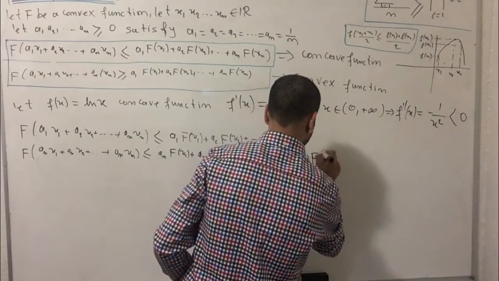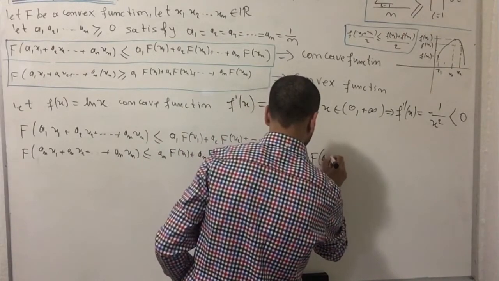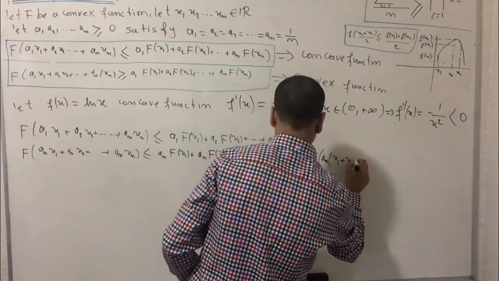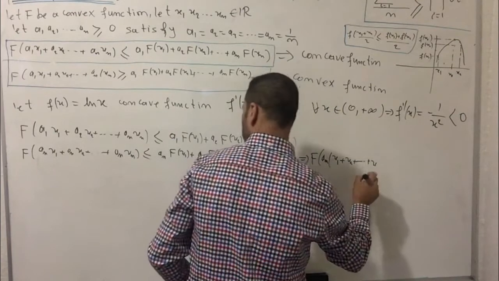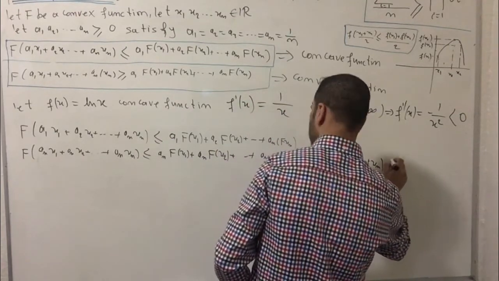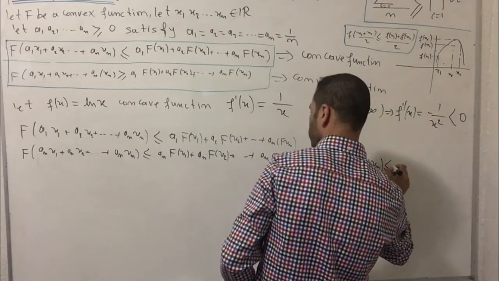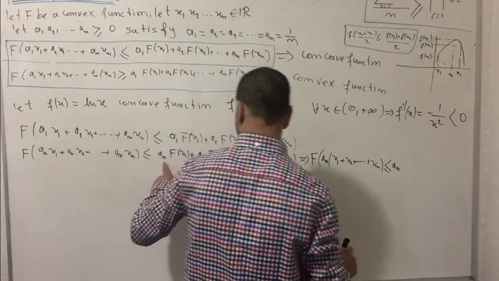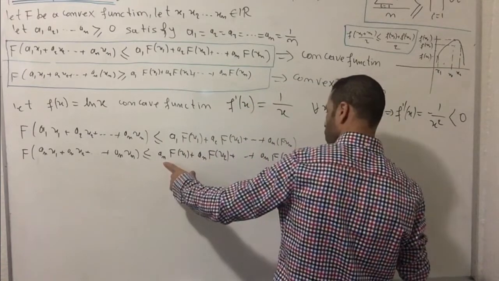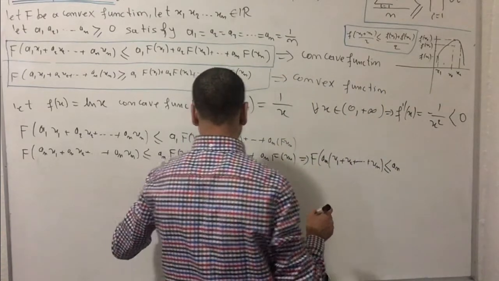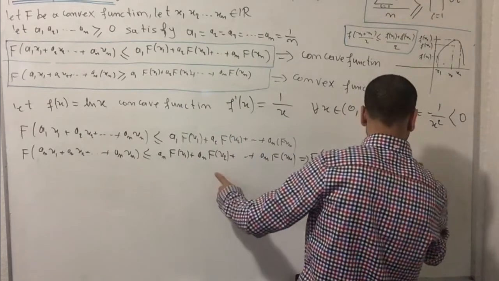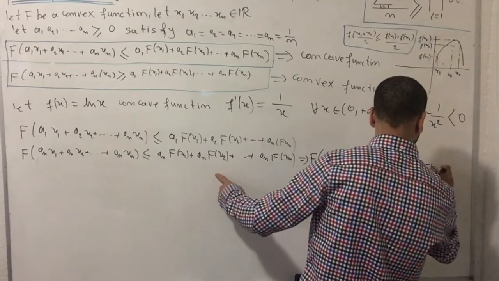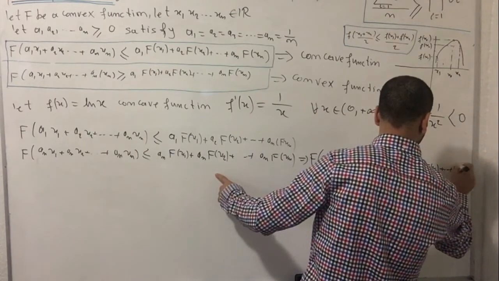So f of a sub n times (x1 plus x2 and so on until the last term xn), inferior or equal, same thing, I'm going to put a sub n outside as a multiplier. So this gives me f of x1 plus f of x2 and so on until the last term f of xn.